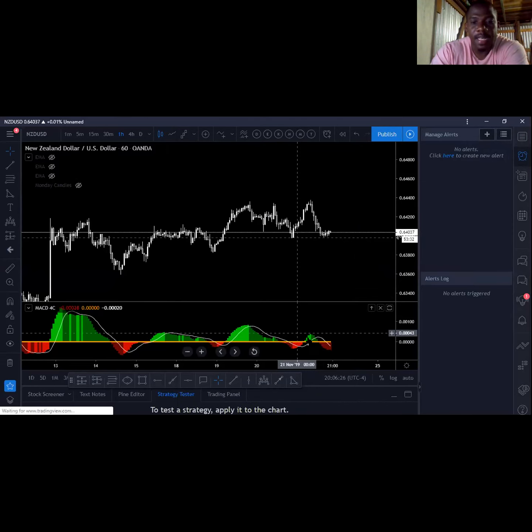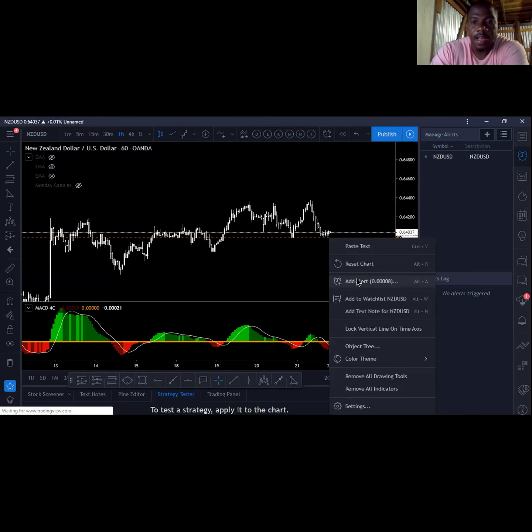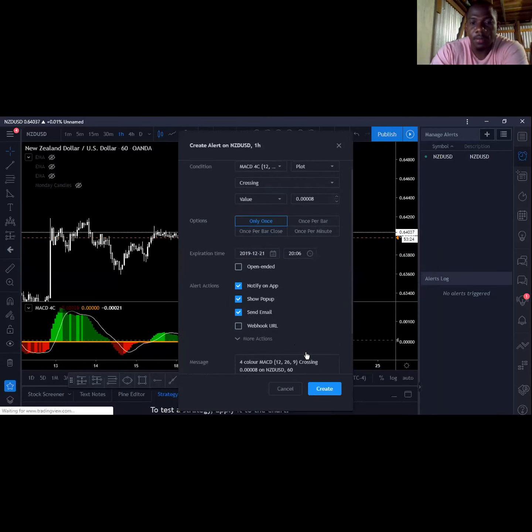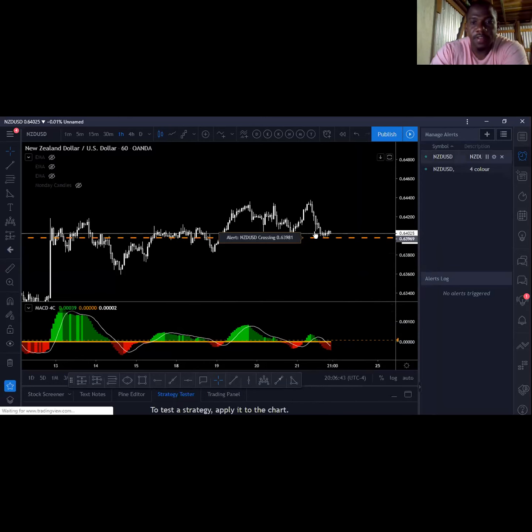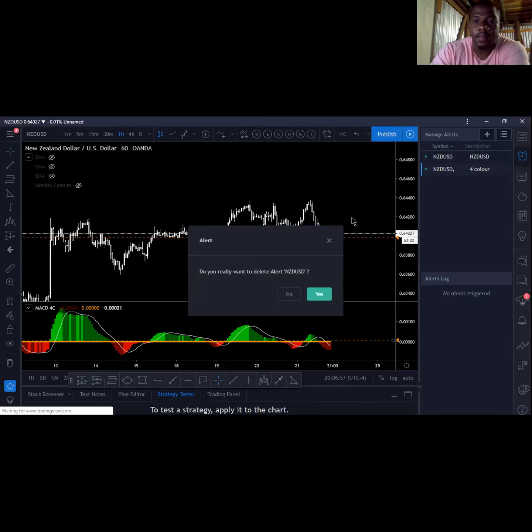You can also set alerts on the MACD, for example at the crossing of the 0 line. You can do that, but I think with the free accounts on TradingView, you're limited to one alert. The alerts will come up here in this alert tab.